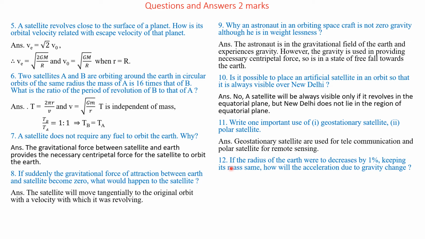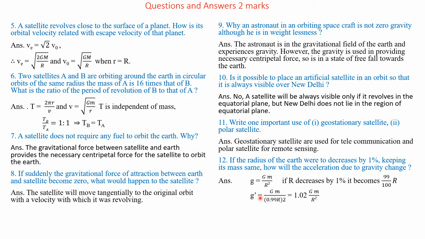Question number 12. If the radius of Earth were to decrease by 1%, keeping its mass same, how will the acceleration due to gravity change? We know g is equal to Gm by r square. If r decreases by 1%, that is, it becomes 99 by 100 of r.